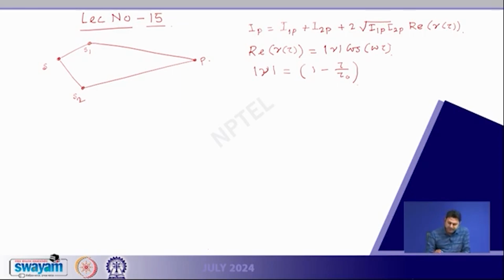We remember that if this is the general form, then we can find out something called visibility.